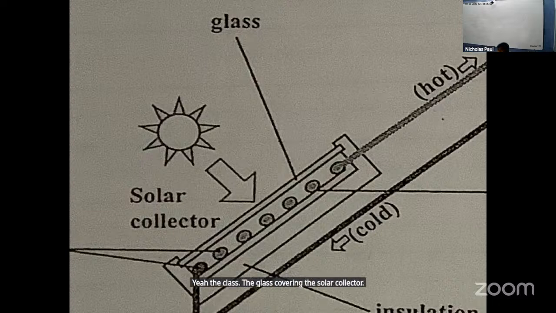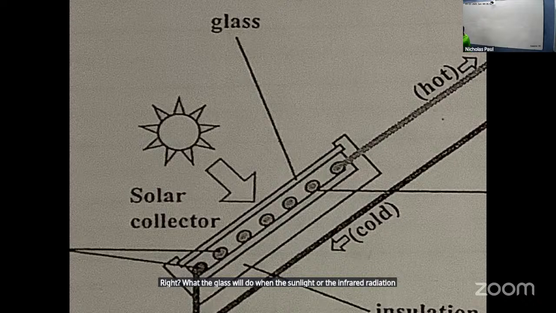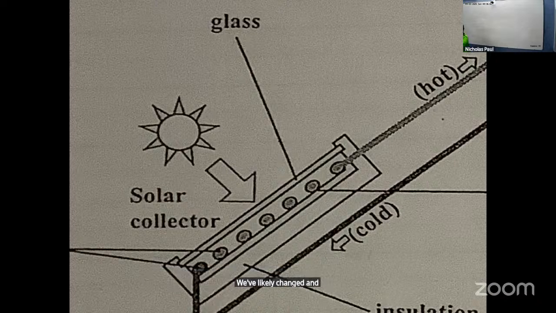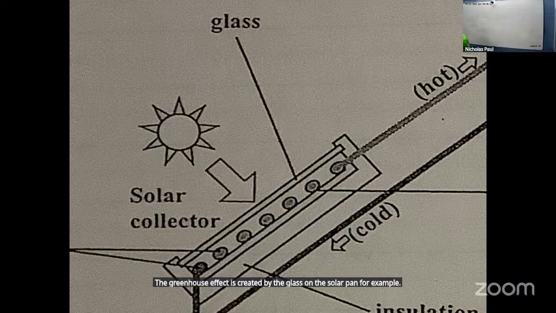When the sunlight or the infrared radiation goes through the glass, the wavelength will change and it will trap the heat inside the solar collector. So the greenhouse effect is created by the glass on the solar collector. Number 4, next Megan.